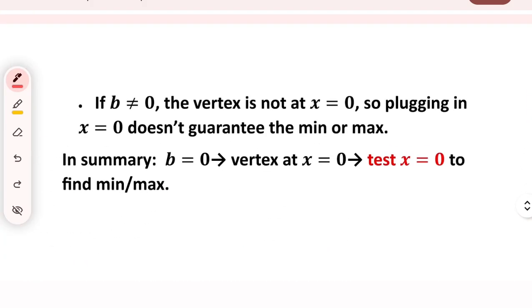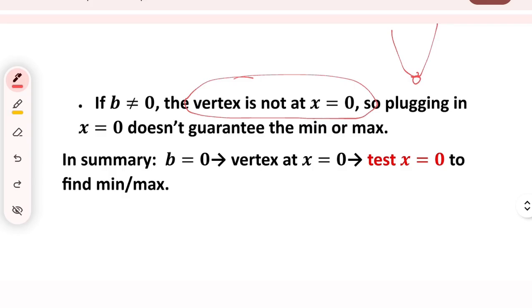If b is not 0, that means in the quadratic equation there is a b term because it's not 0. That means the vertex of the parabola is not at x equal to 0. Again, if b is not equal to 0, the vertex of the parabola is not at 0.